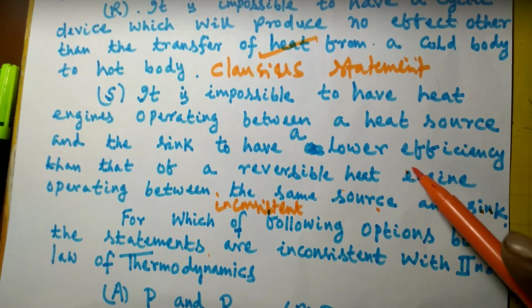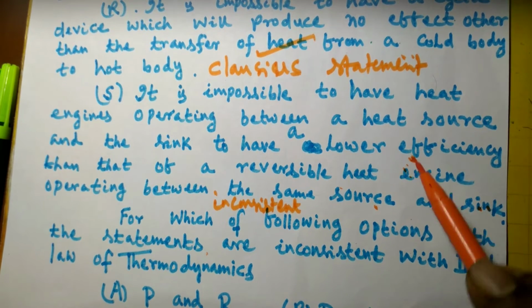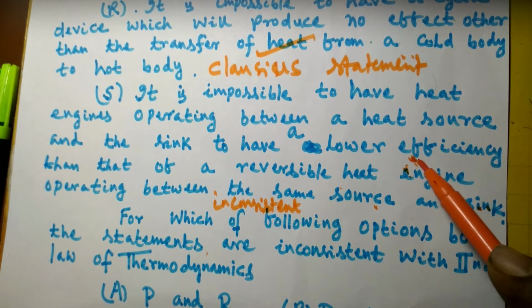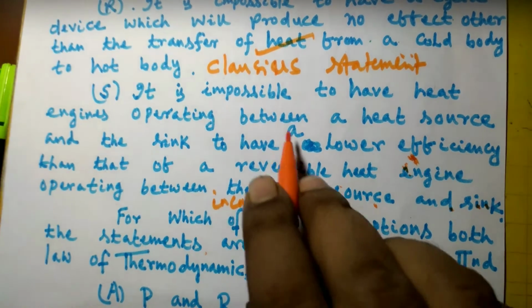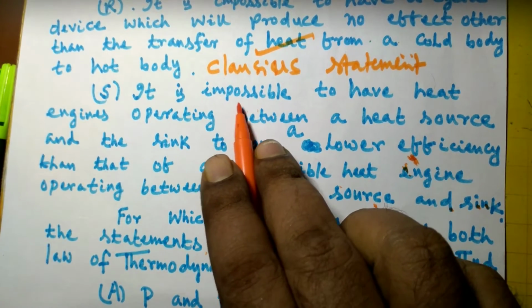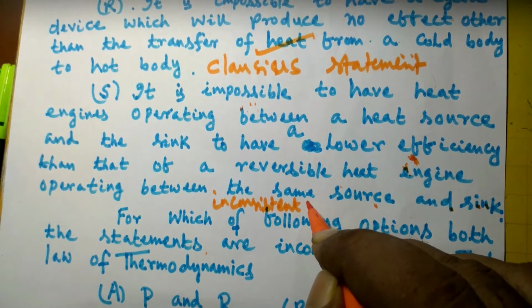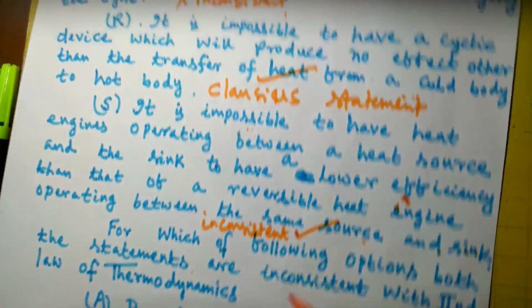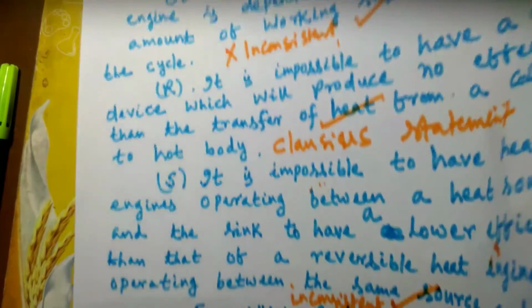So it is possible to have a lower efficiency; if it had been impossible, then this statement would have been correct. This statement is completely false. So S is inconsistent and Q is inconsistent with the second law of thermodynamics.